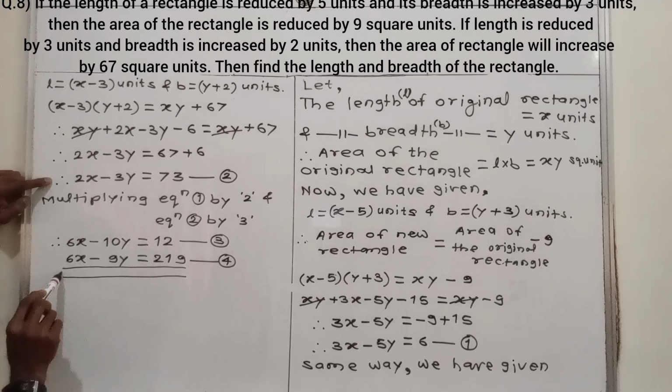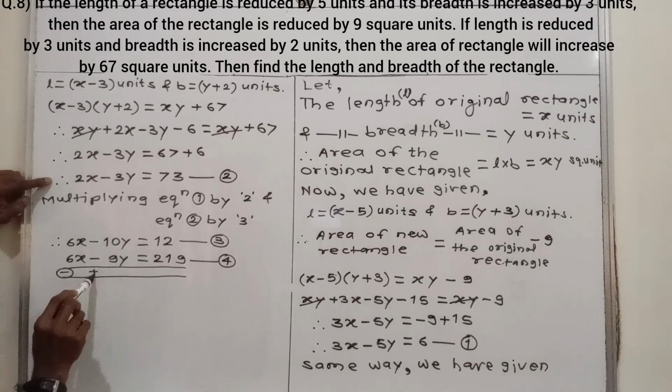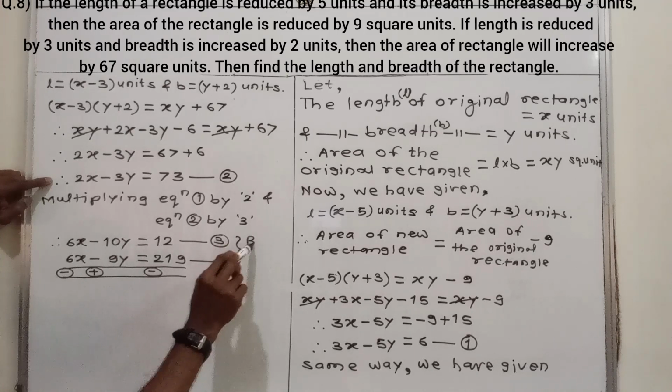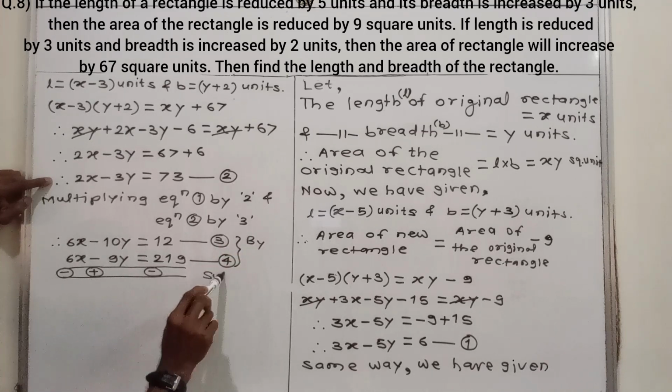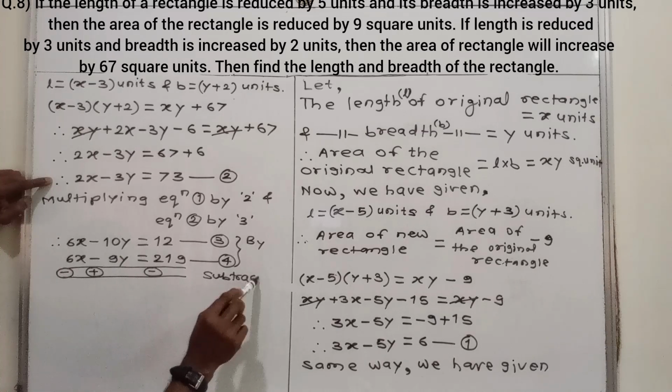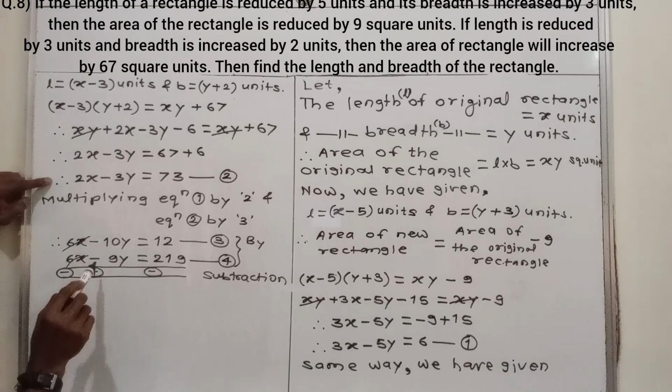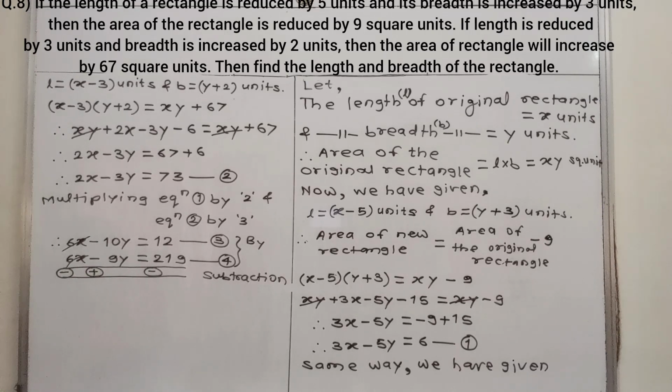Then by subtraction, okay. 6x cancelled. Here 10y is bigger than 9y, so minus 1y, but we write only minus y.